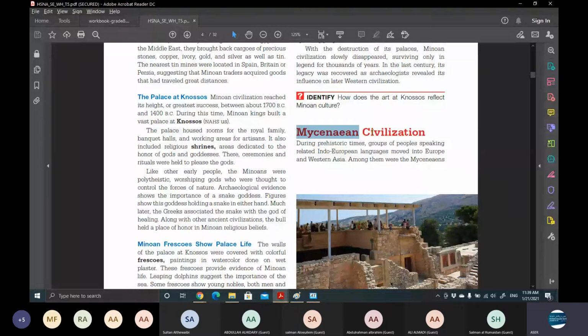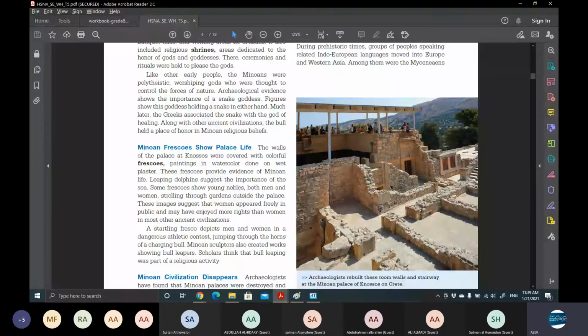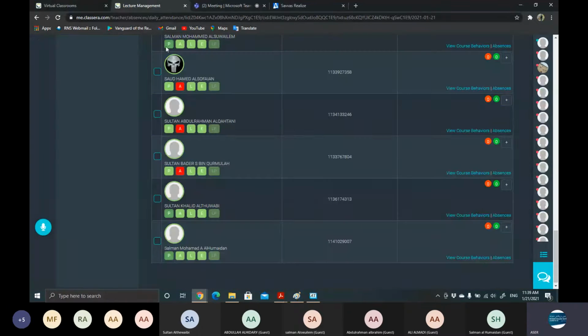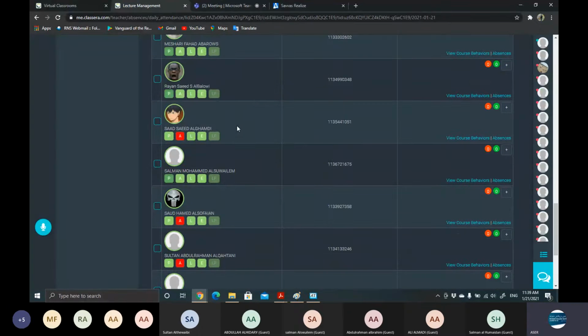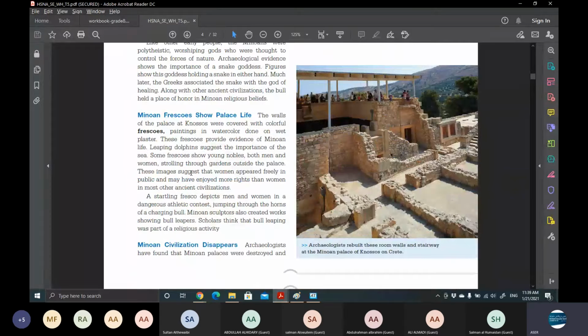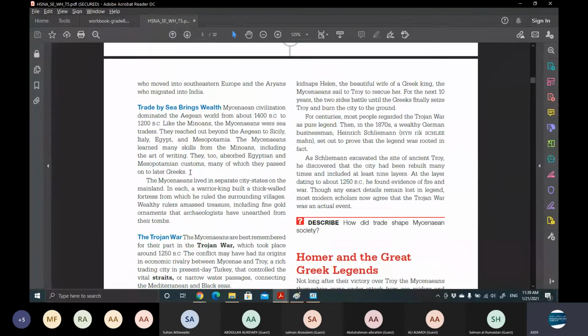So they started to trade with the same civilizations, the Egyptian and the Mesopotamian civilizations, besides the island of Sicily. They had access to the Eurasian Sea and the Mediterranean Sea.